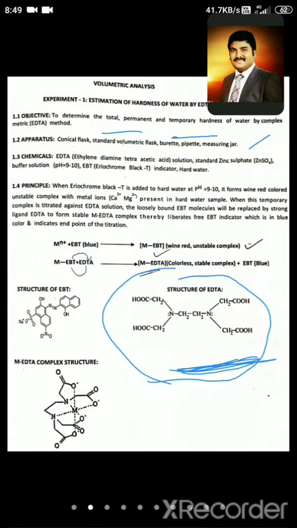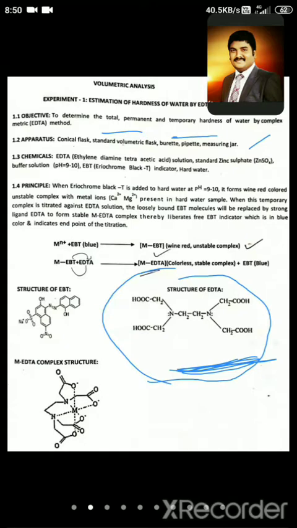These are temporary bonds. When titrated against EDTA solution, the loosely bound EBT molecules are replaced by the strong ligand EDTA to form a stable M-EDTA complex. Thereby free EBT is liberated and we get the end point of the titration.